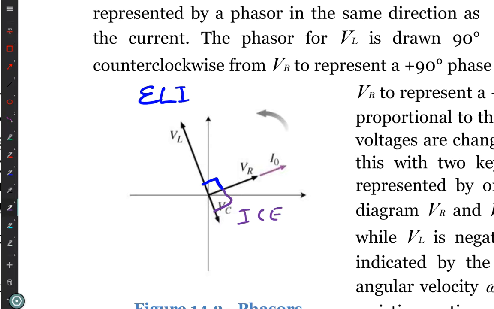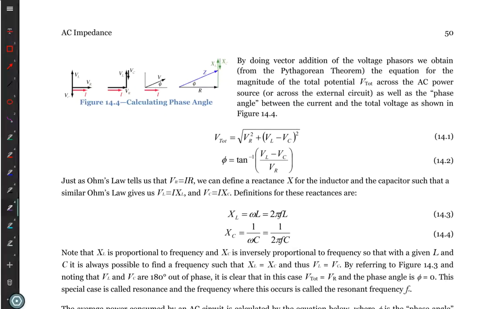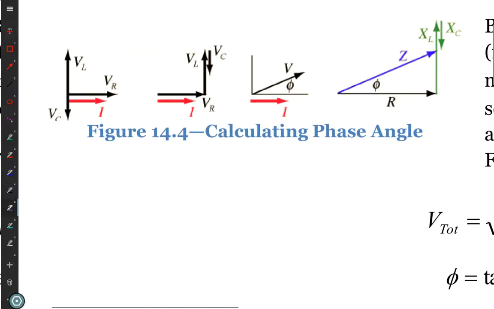We're using a vector to represent that they have different times when they are at their peak, which we call their phase. So we take these phasor diagrams and we put the resistive voltage in the horizontal direction, the inductive voltage going up because it's 90 degrees ahead, the capacitive voltage going down because it's 90 degrees behind.